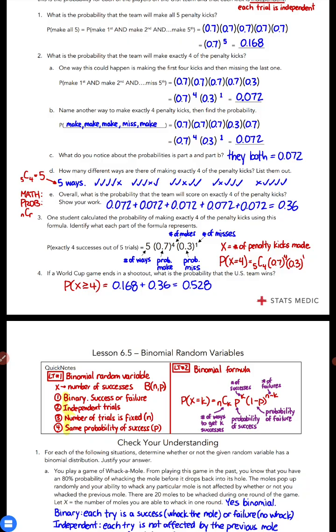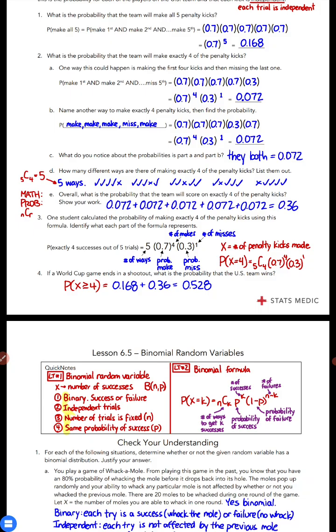Well, if you remember, one of our probability rules from our last unit was if you are dealing with probabilities and you use the word and, that means multiply. So the way I could calculate this probability is I could take 0.7 times itself 5 times, or 0.7 to the 5th. That would give me the probability that they make all 5 kicks, and that's 0.168. So not great odds, right?